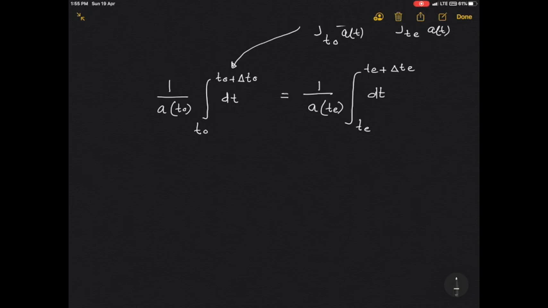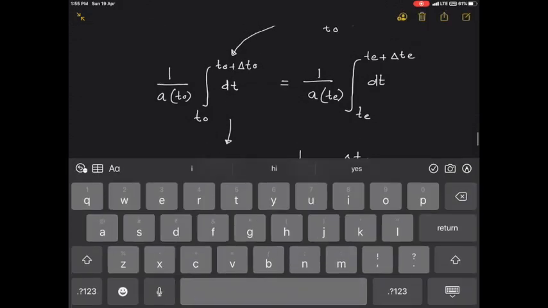So what will I get then? So this is 1. This integral we have done before will give me delta t0. And this integral we have done before will give me delta t emitted.